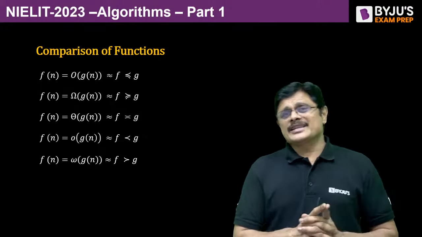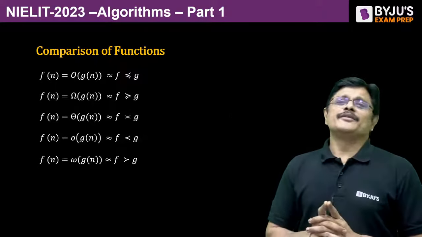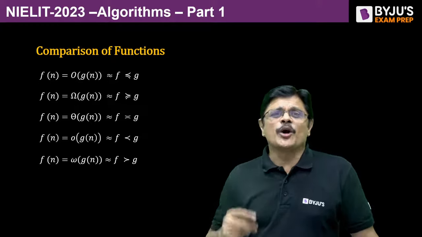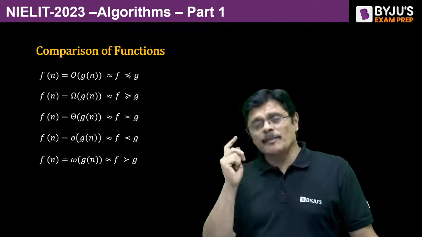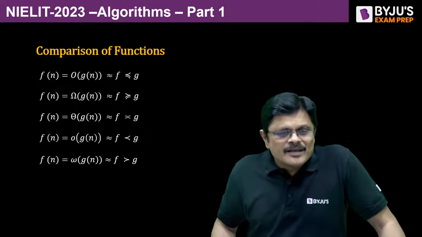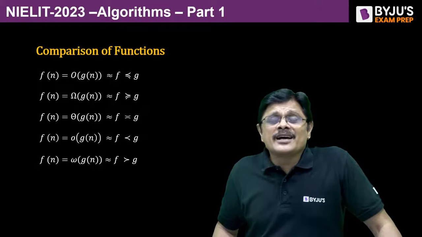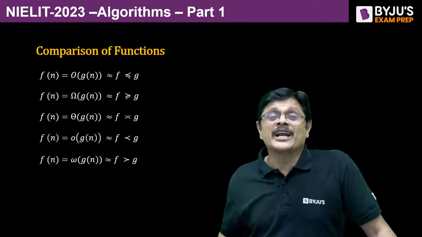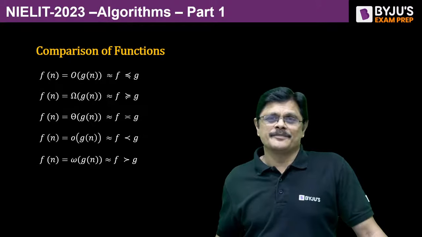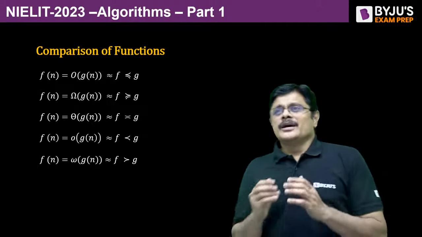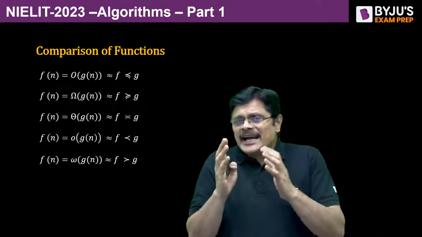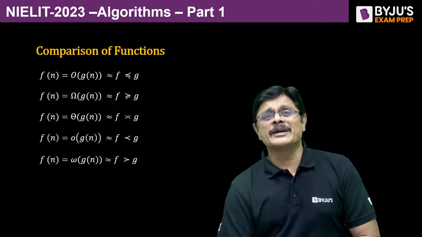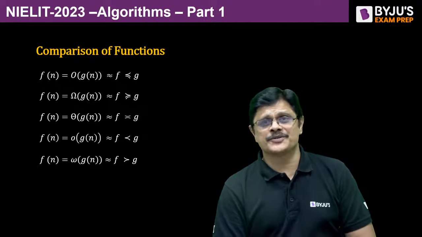See here, generally we require this asymptotic notation for understanding the time complexity of algorithms. Time complexity is the amount of computing time, processing time required by an algorithm to run to completion. Finding exact time complexity is difficult because it depends on many machine dependent issues.